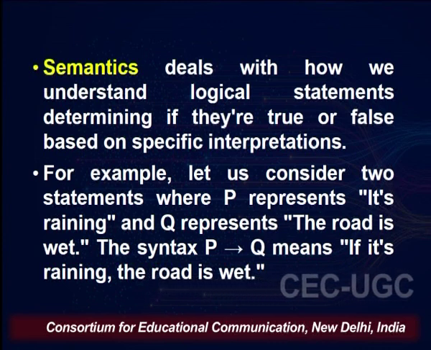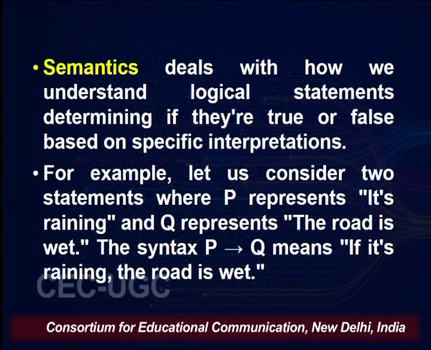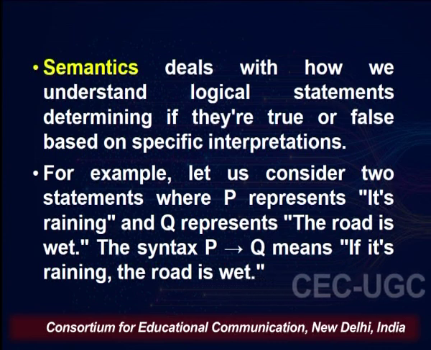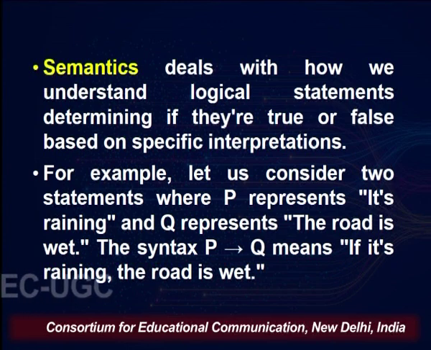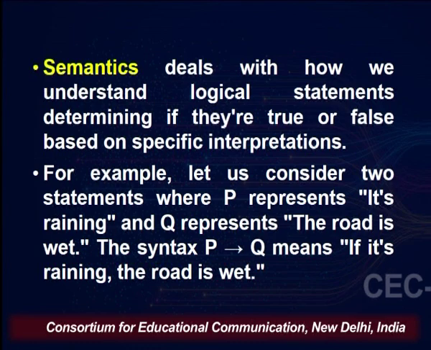Now the syntax P implies Q means that if it is raining, then the road is wet. As per the syntax here, it is correct because we have written P implies Q. So the syntax is completely fine.